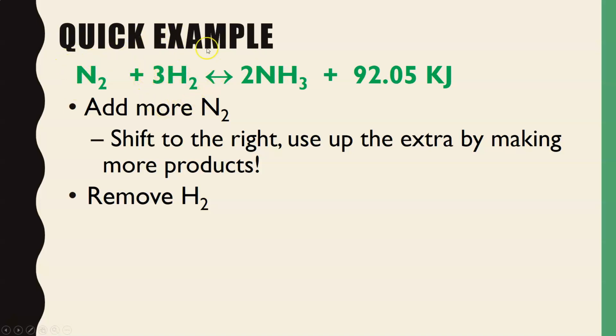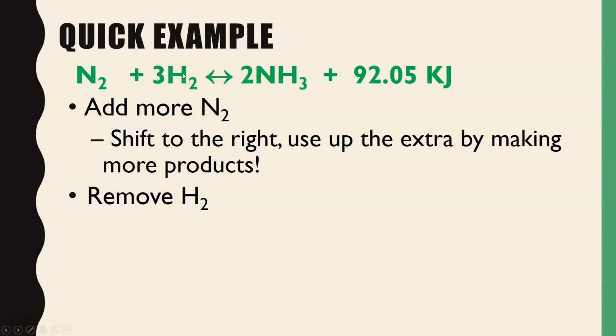It's going to replace some of that hydrogen I took away. It's going to do that until it reaches a point where the ratios of all the chemicals are at a good ratio again, and the forward and backwards reaction are back to being at the same rate. When I took this away, the backwards reaction started to become dominant, right?